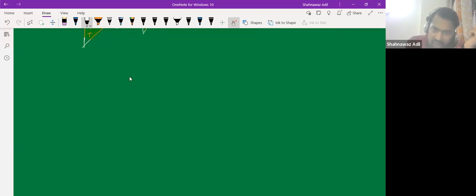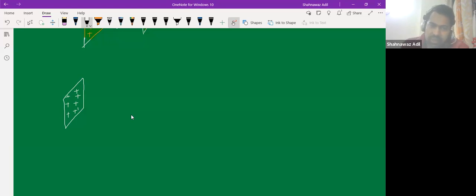So we have, let's say, a plate, and this is a positive one. What is the electric field of this thin sheet? Do you remember? In the first chapter, we talked about the electric field of a thin sheet.